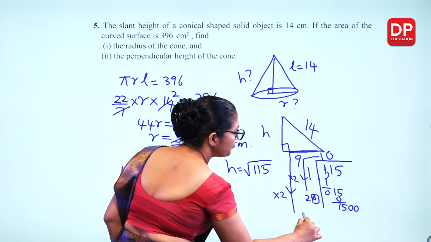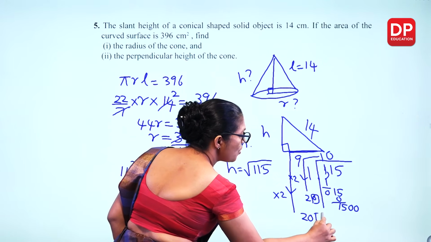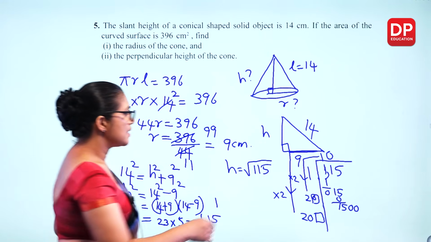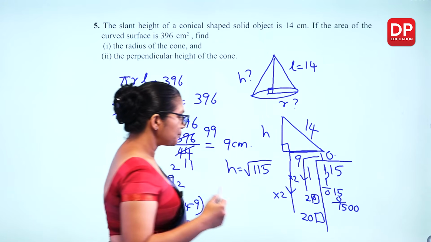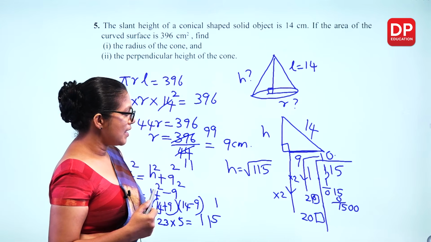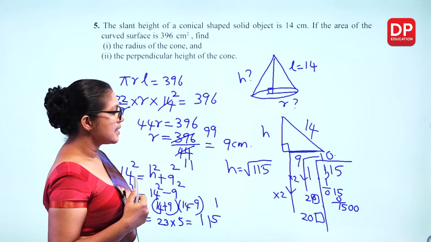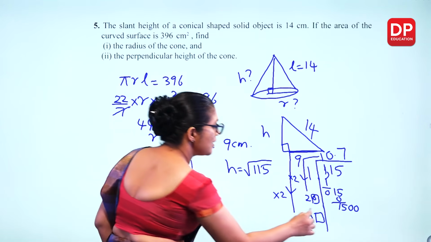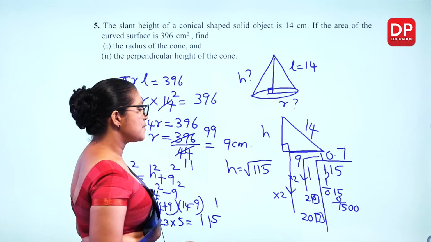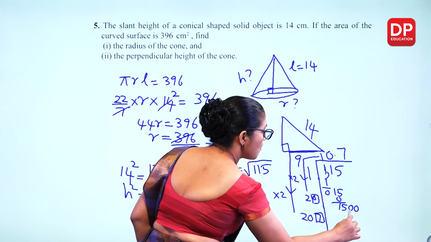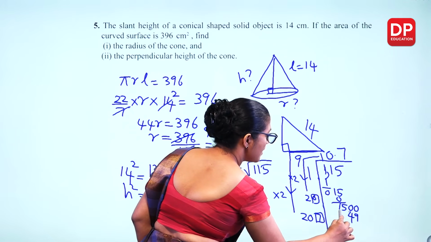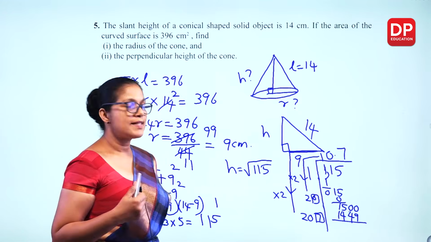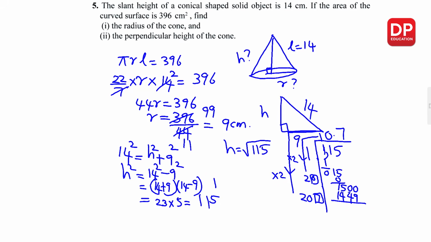Multiply by 2, 20. So 200 something to get 1500. So what's the decimal value? When you take 7, you get less than 1500. So this should be 7. So 207 times 7, you get 49, and here 14. So roughly 10.7. So what's the height?